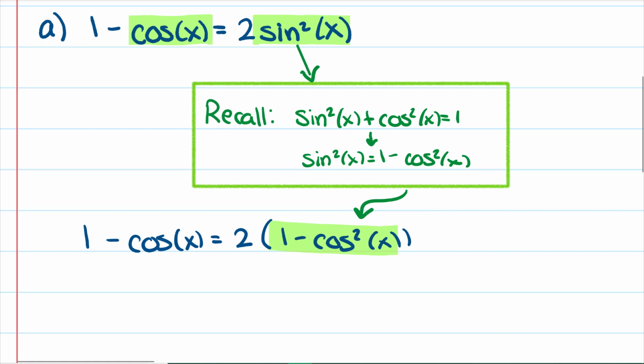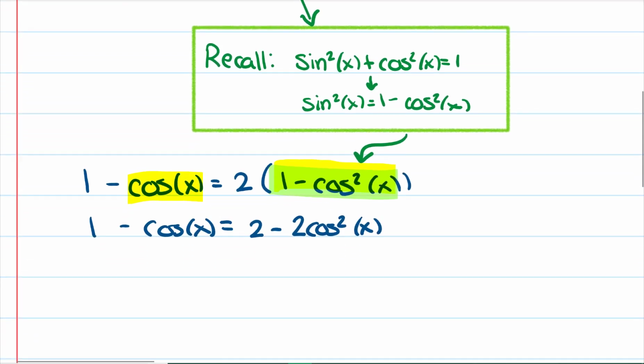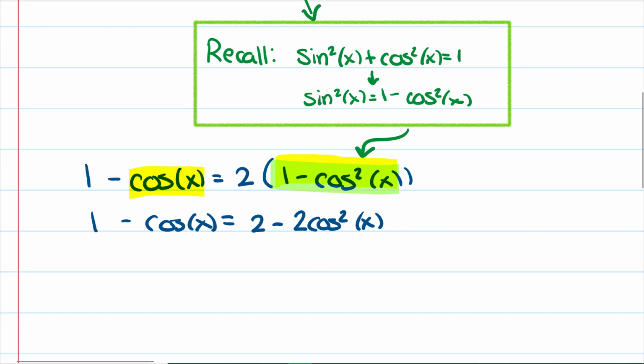Now if you'll notice, everything is in terms of cosine. So that's what I want. So then I get 1 minus cosine of x is equal to 2 minus 2 cosine squared of x. And at this point, I'm going to go ahead and move everything to one side. So I'm going to add 2 cosine squared of x and subtract 2 from both sides.